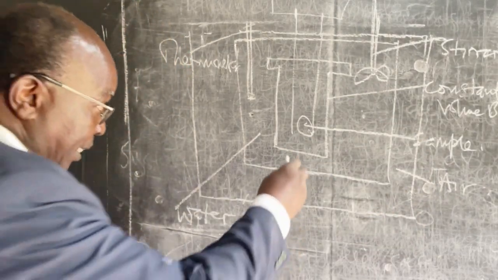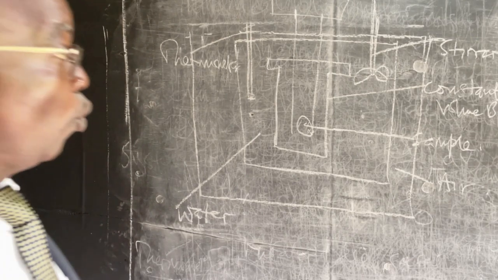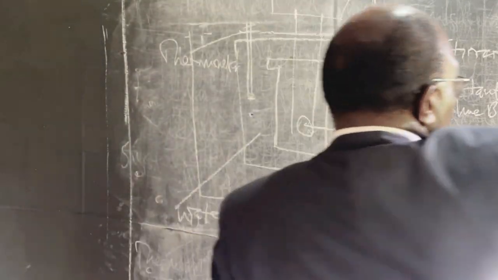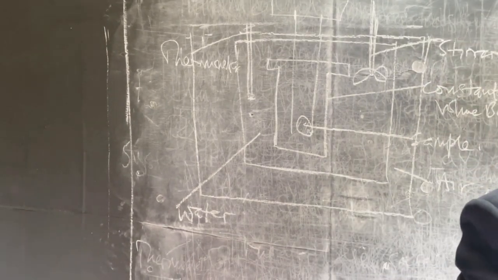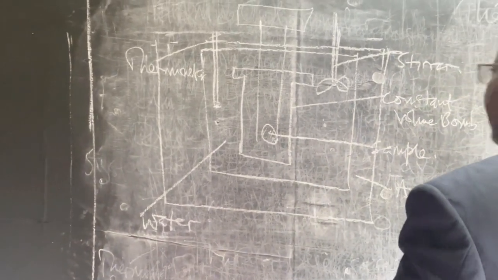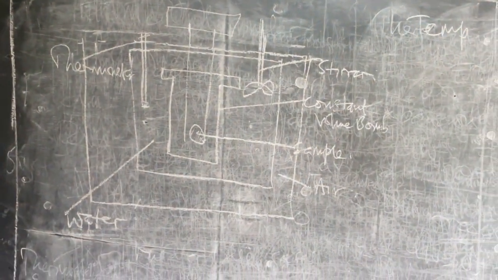Now, when you put your sample here and you burn it, we measure the temperature versus time. So you first of all will stir your system until the system equilibrates, so that the temperature is constant.